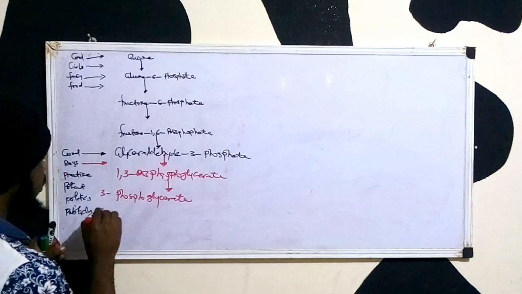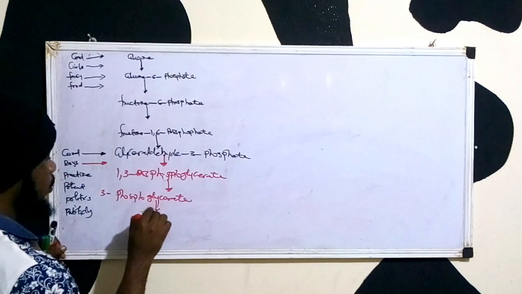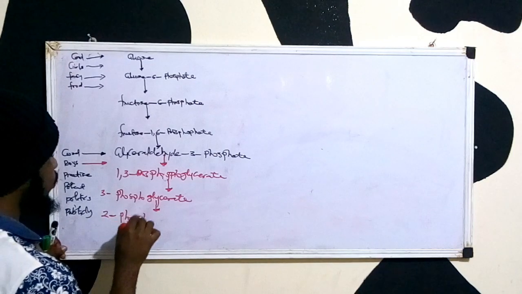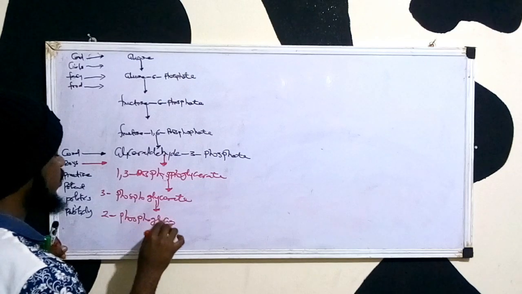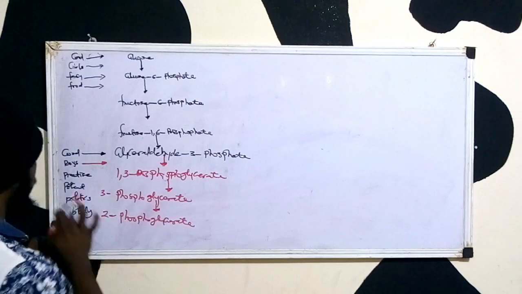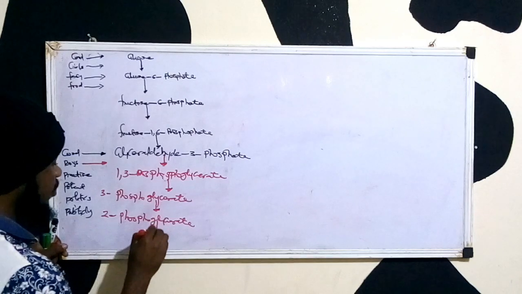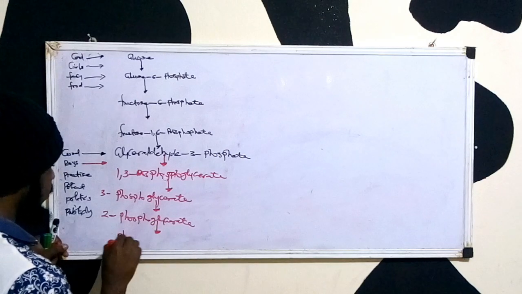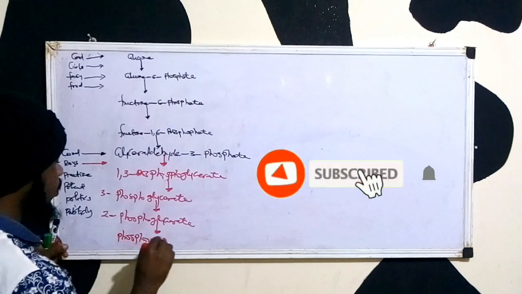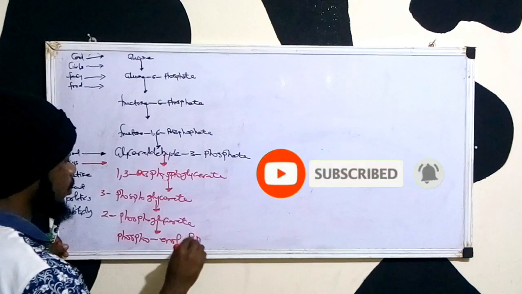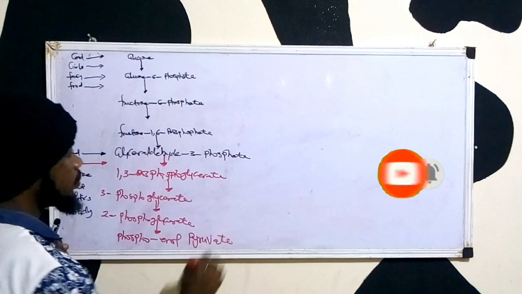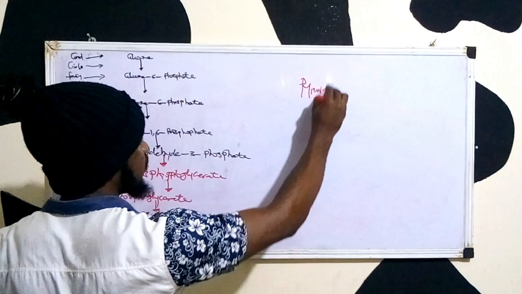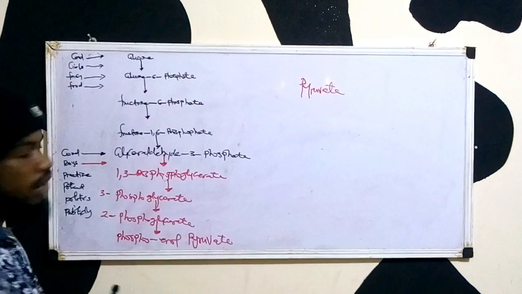The second P signifies 2-phosphoglycerate. The third P signifies phosphoenol pyruvate, while the last P signifies pyruvate. You can use it to study.